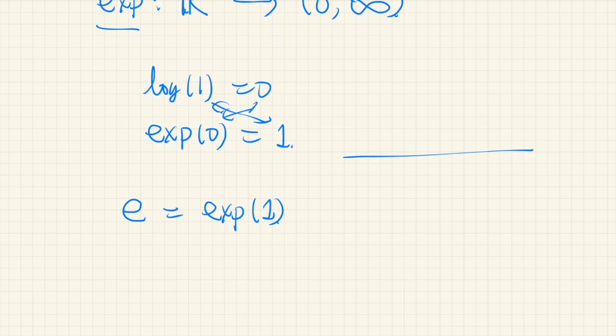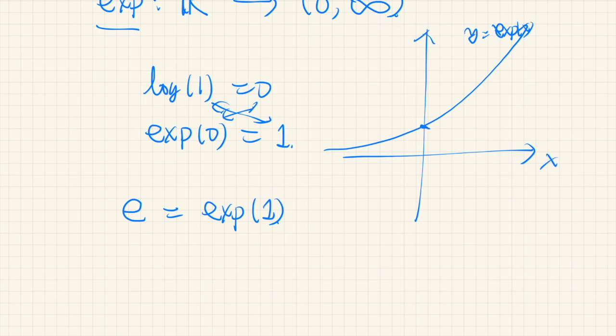So y equals exp of x looks like this. When x is 0, it's 1. When x is 1, it has some value somewhat greater than 1, and that we call e. We'll see that this is equal to 2.718 and so on, and it's an irrational number.